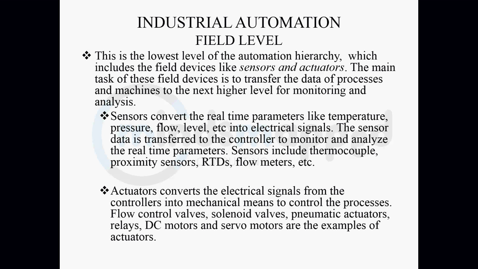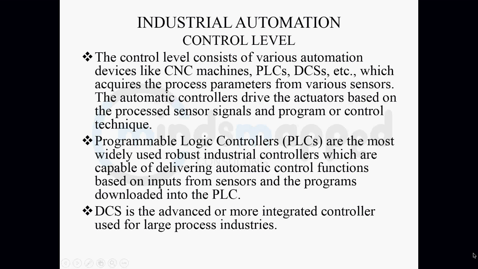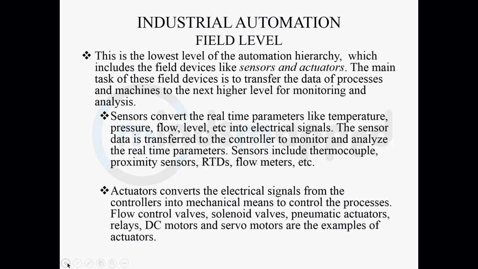The controller then evaluates the received information and decides what it has to do, right? So an actuator converts the electrical signal from the controller into mechanical means to control the process. So flow control valves, solenoid valves, pneumatic actuators, relays, your motors and servo motors are examples of actuators.